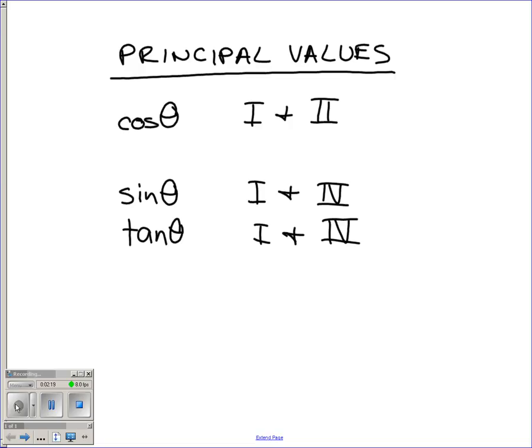Let's take a look at an example that has problems like this. Example 1. It says solve sine of x cosine of x minus 1/2 cosine of x is equal to 0, and it says specifically for principal values of x.